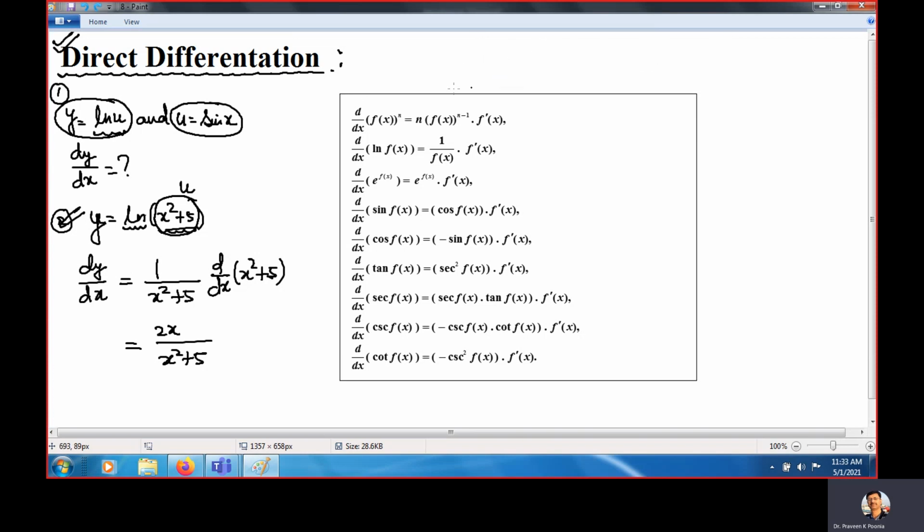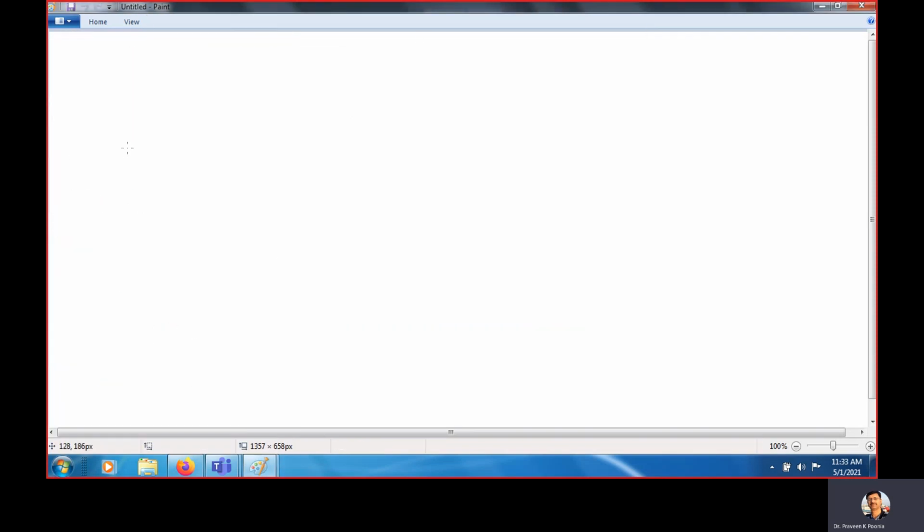This direct differentiation technique is that if f(x) to the power n is written, first you need to differentiate the power. And what is the differentiation? n f(x) power n minus 1. And then you need to differentiate the function separately. Means if I take you to the next slide, if y is equal to f(x) to the power n is given, then what is y dash?